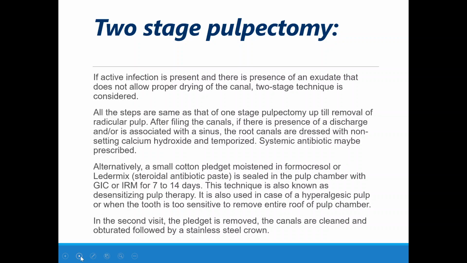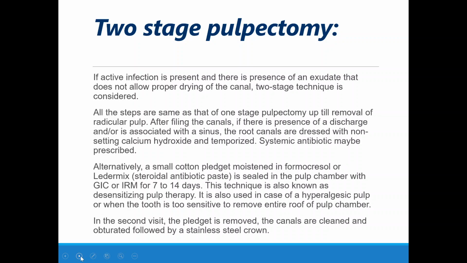So if we have no sinus, we can use another approach. Alternatively, a small cotton pledget moistened in formocresol or Buckley's mix is sealed into the pulp chamber with glass ionomer cement or interim restorative material for 7 to 14 days.